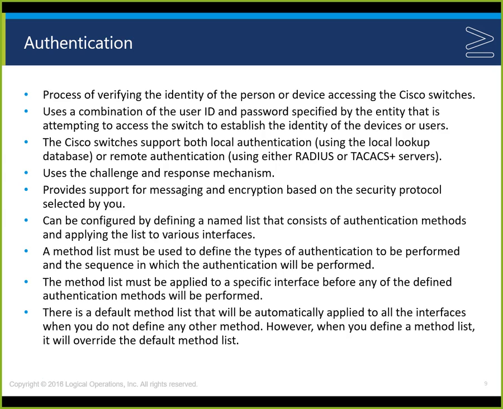It's applied to a specific interface before any of the defined authentications. What it's saying is we've got to configure it before we're going to use any of these things. There is a default methods list that is automatically applied when you don't define a method. The methods list we define will override the default methods.